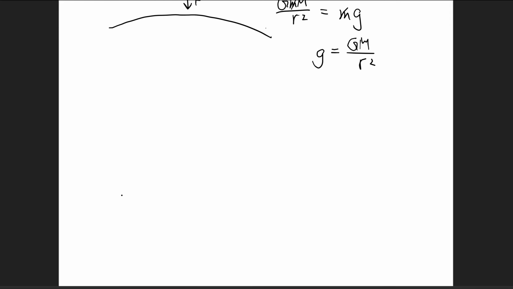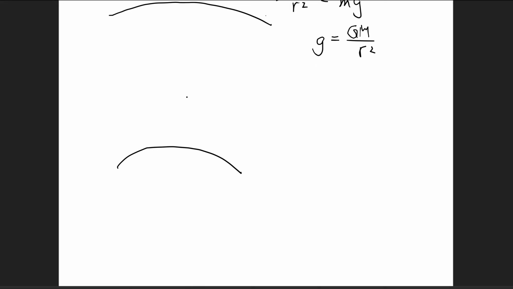Okay, let's have a try at another question. Let's say the object is very far away from the Earth. What do I mean by far away? Let's say the distance of the object above the Earth's surface is equal to the radius of the Earth.